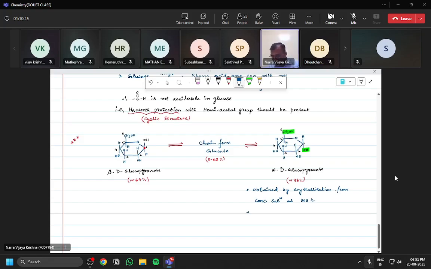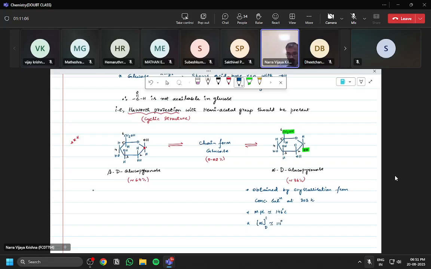Its melting point is approximately 146 degrees centigrade, and its specific rotation at T degrees centigrade is approximately 111 degrees.